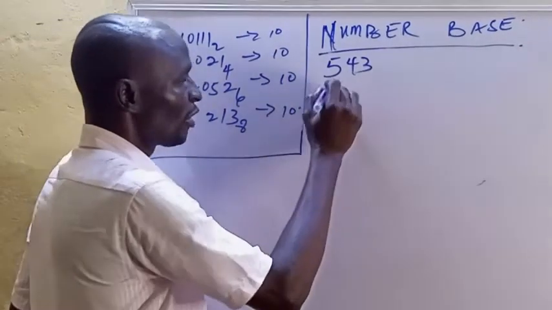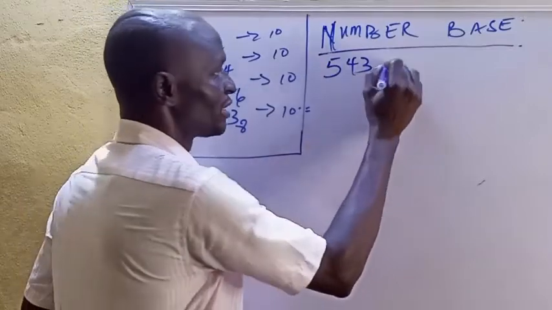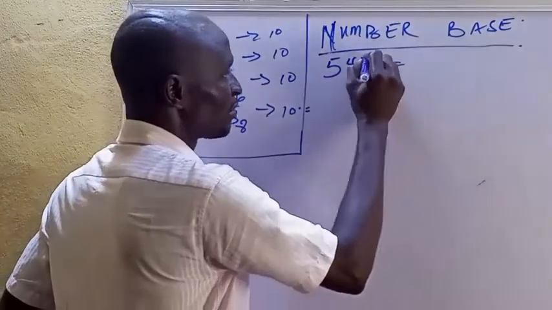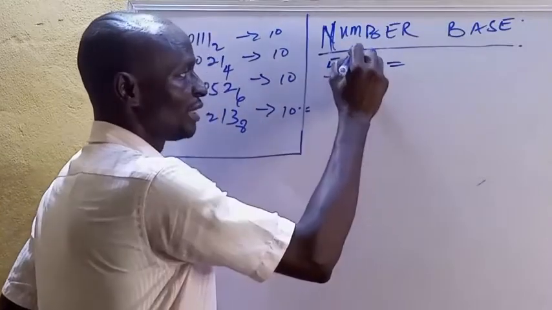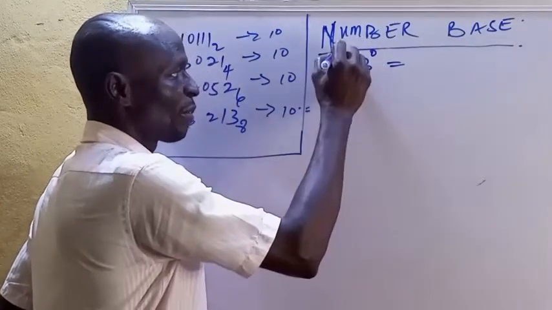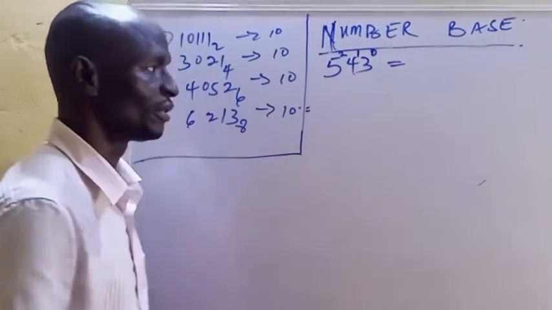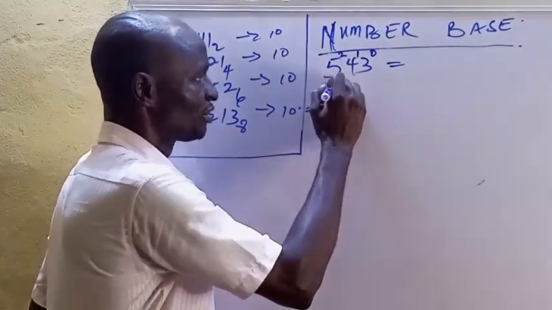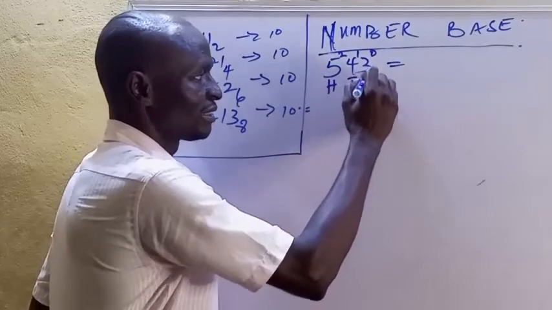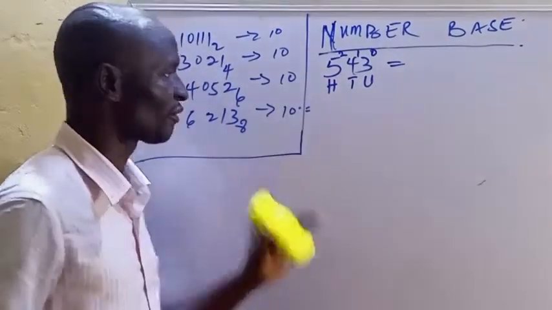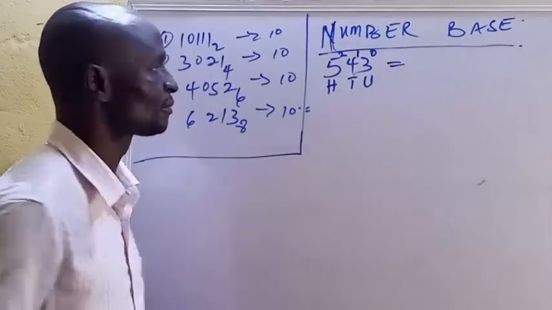Now, understand that 543 is the same thing as, here is the power of 0, here is the power of 1, here is the power of what? 2. If you don't understand it that way, remember that this is in hundreds, this is in tens, and also this is in what? Units. Just the same thing we have transferred to other bases.